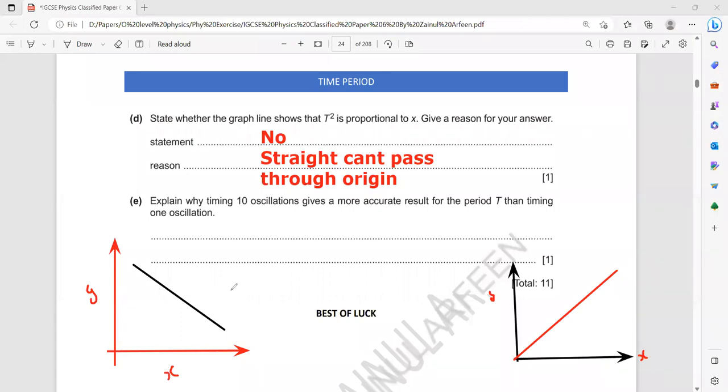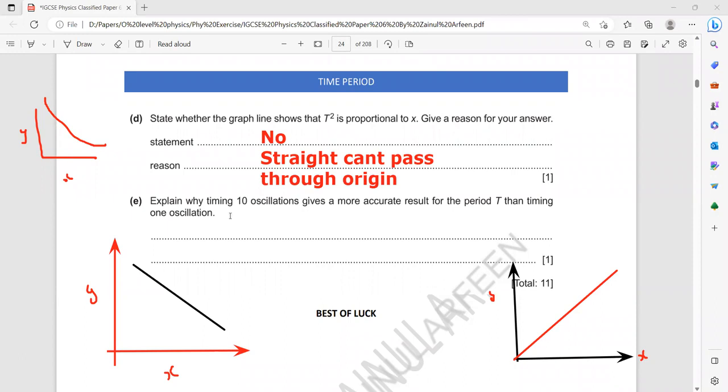This is not an inverse relation. An inverse relation will be a curve. When two quantities have an inverse relation, there will be a curve between them. This is called only a linear relation. Linear relation means when the graph of two quantities is a straight line, we don't say they're directly or inversely proportional, we simply say they are in a linear relation.